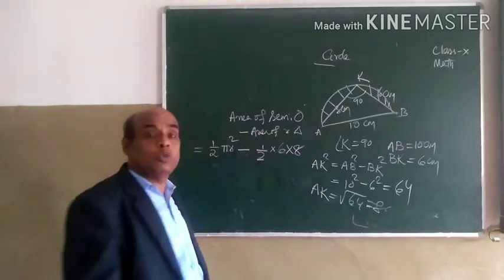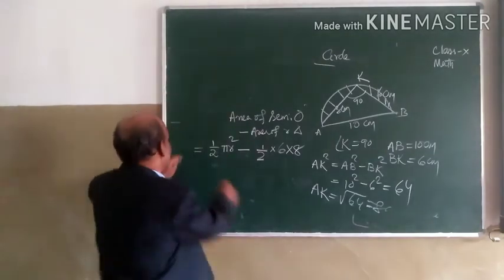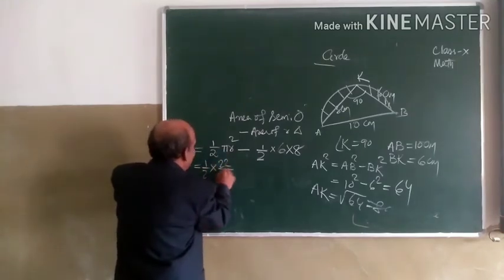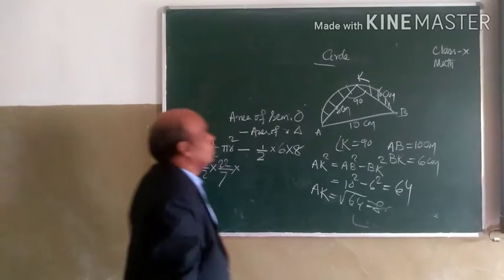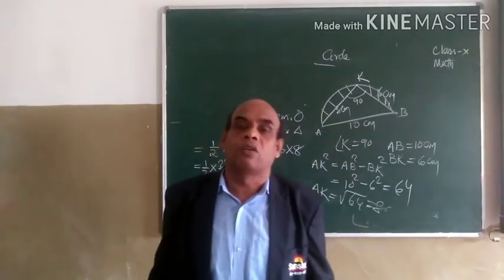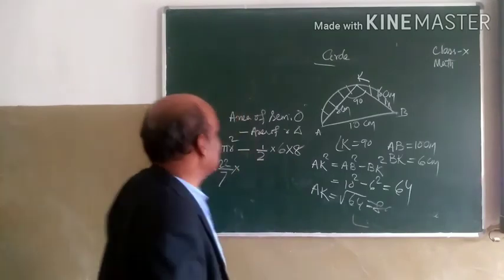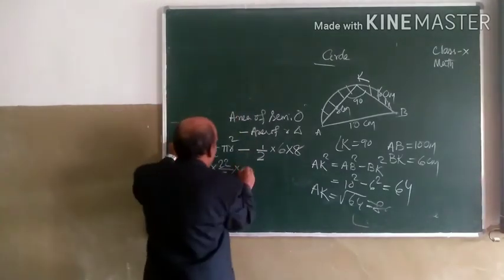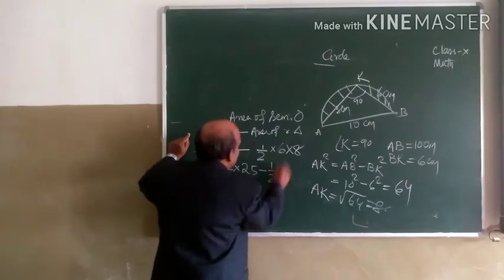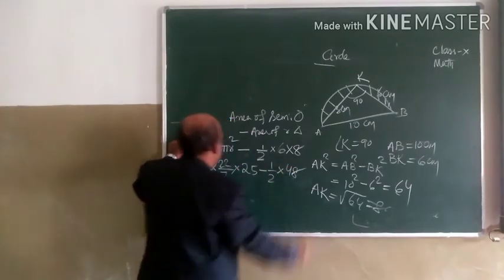Now to put the value of pi, you may write half into 22 by 7. What is the value of r? If AB is the diameter, then r is diameter by 2, that means 5. So square of 5, 25, minus half into 6 into 8, 48.